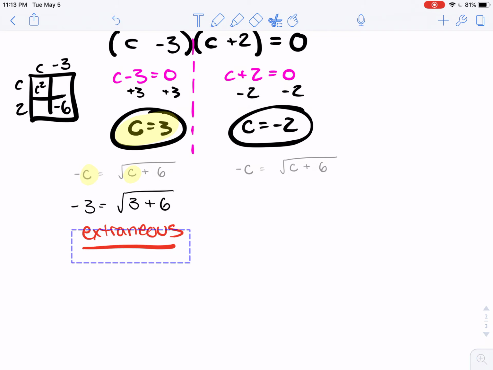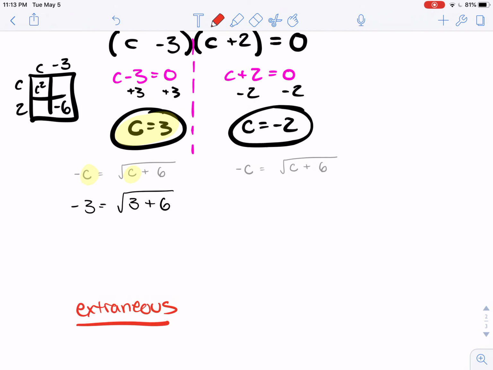Oh, and let me tell you why. I got ahead of myself. I'm so sorry. So we keep this negative 3 going, and then we have the square root of 9. But the square root of 9 is 3. So this is extraneous. So there you go.